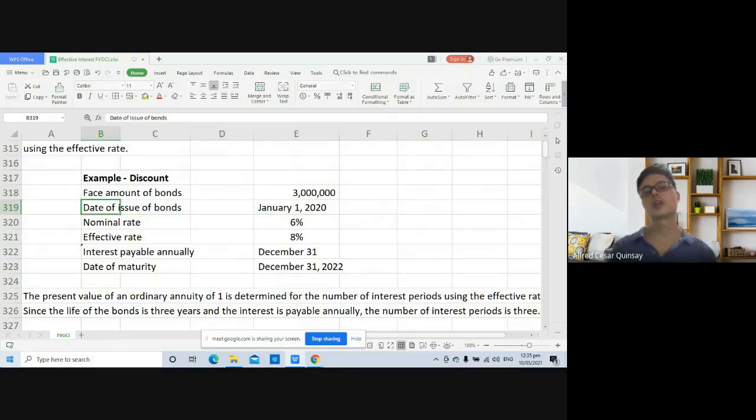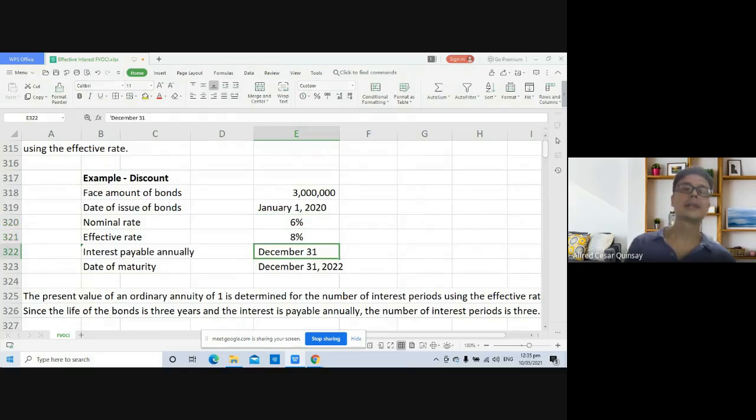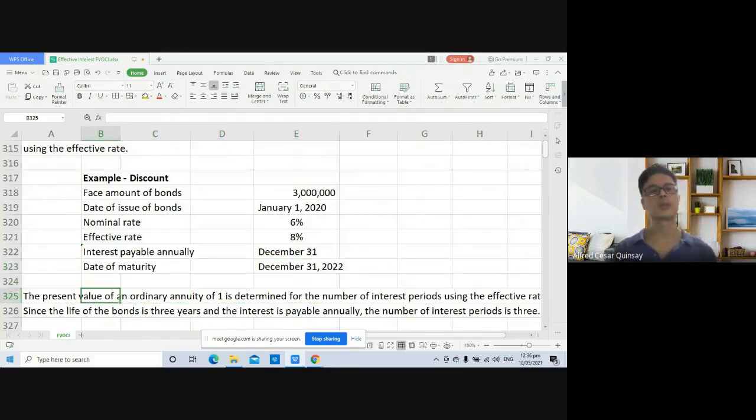The date of issue of bonds is on January 1, 2020, and the nominal rate is 6%, while the effective rate is 8%. So this is a discount, kasi mas mataas yung effective rate niya kaysa dun sa nominal rate. Interest is payable annually every December 31. And the date of maturity is December 31, 2022. So this is about 3 years, kasi 2020, 2021, and 2022.